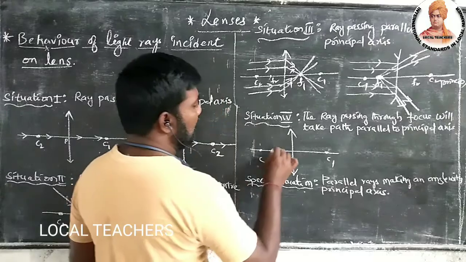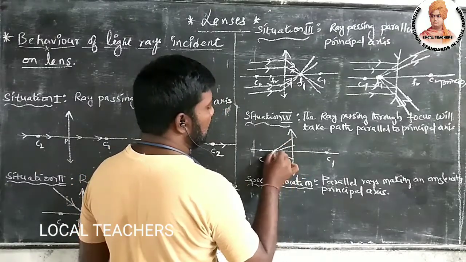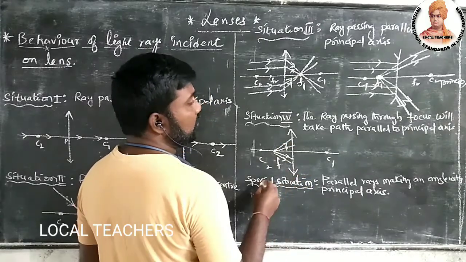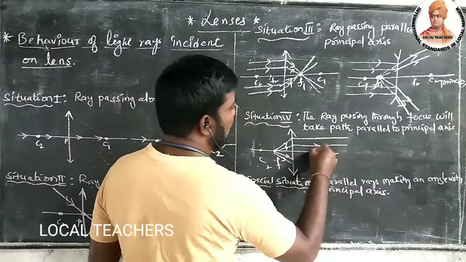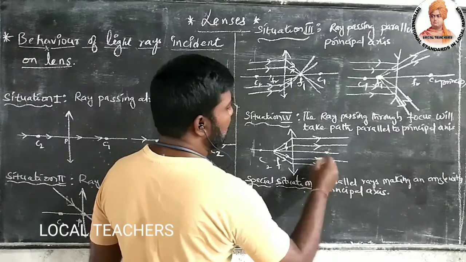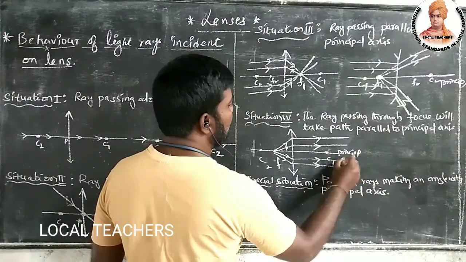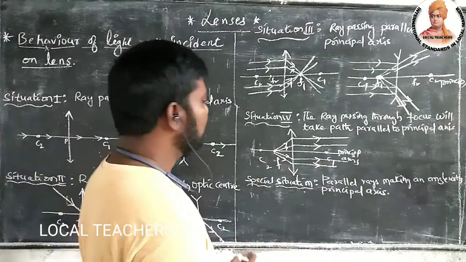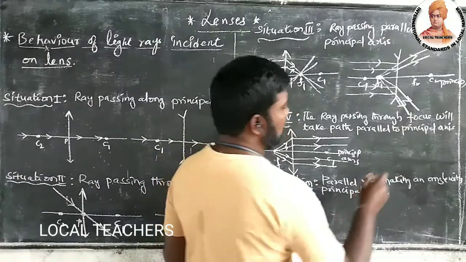The rays which are passing through the focus, after refraction, will take a path parallel to the principal axis.